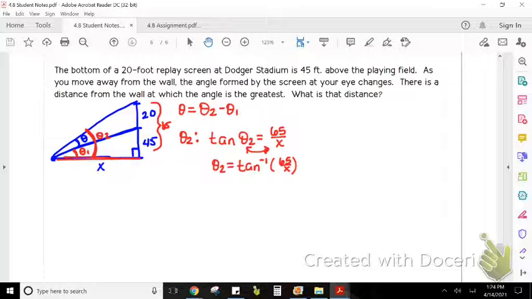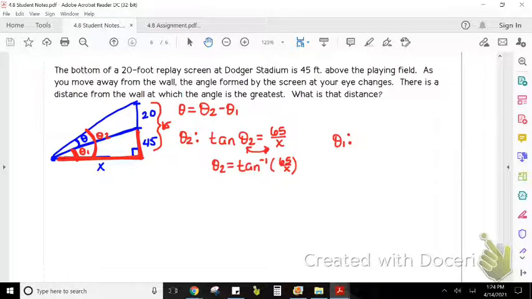Let's talk about theta 1. Theta 1 is that smaller triangle there at the bottom. Well, I know across from it is 45, and it shares that same bottom, which is x. So the 45 goes up and down, like my y. The x goes left and right, like my x.